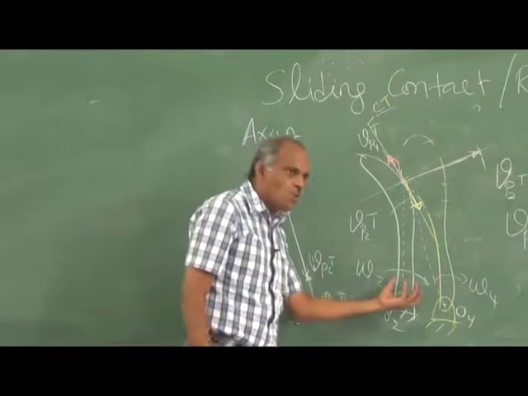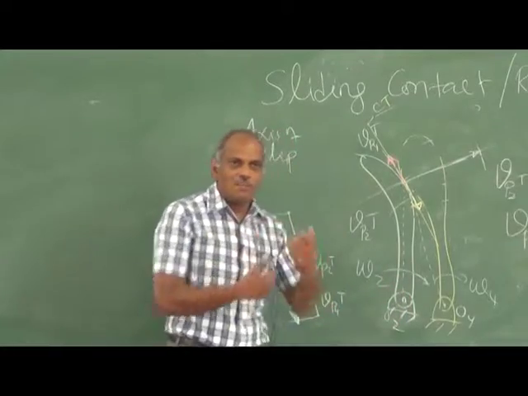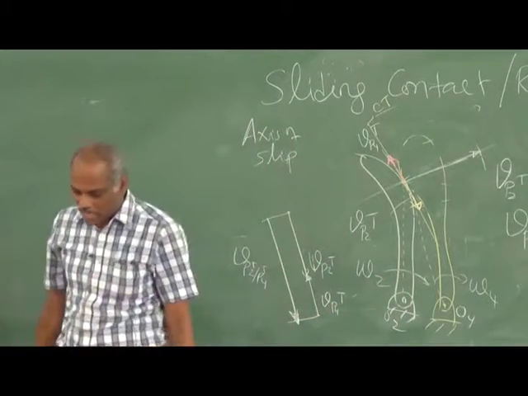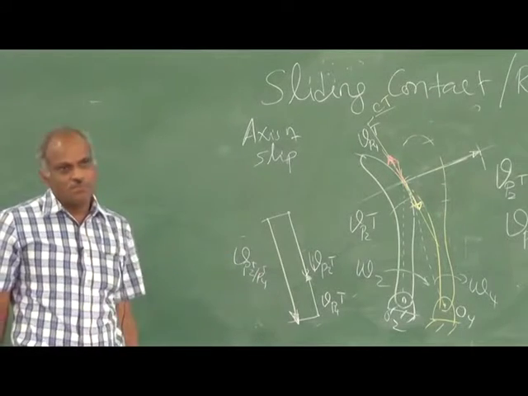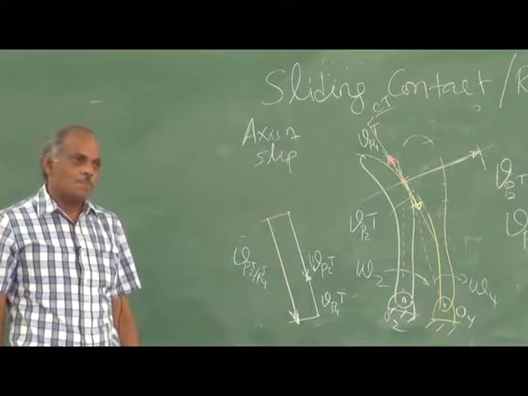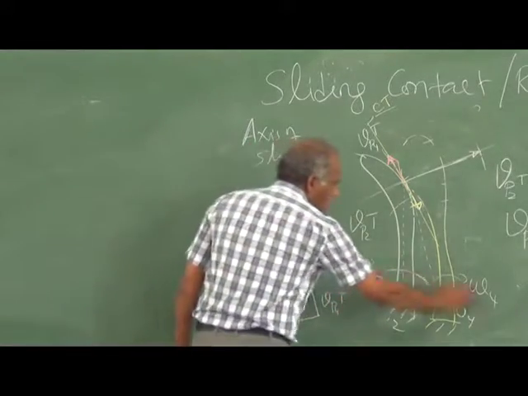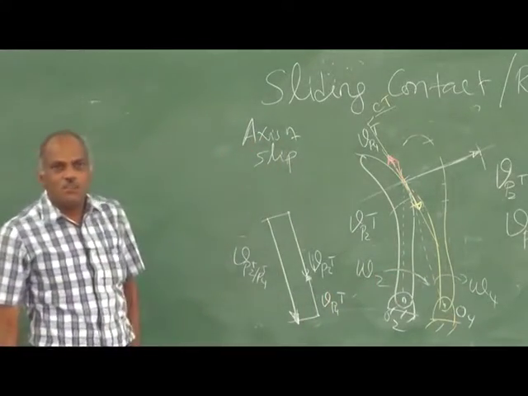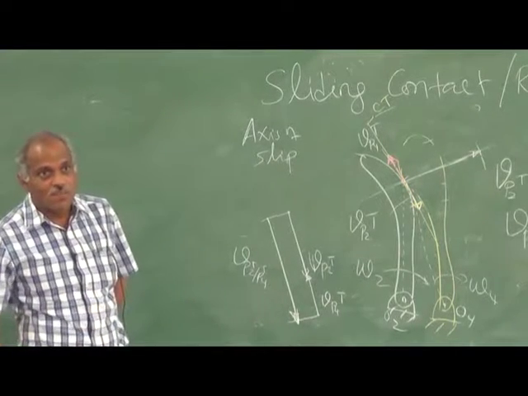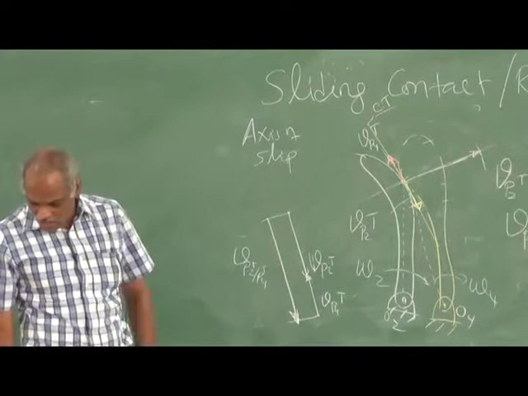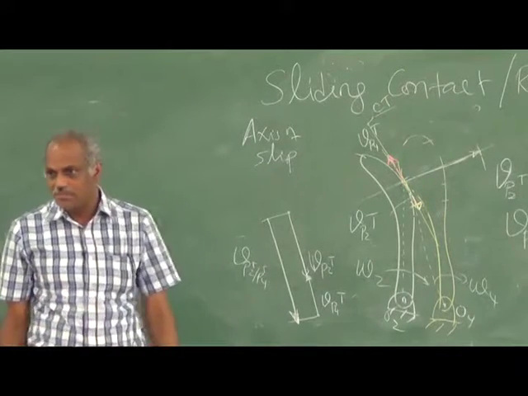When you want to transmit force from one linkage to the other by direct means, if there is a sliding contact, the sliding contact will dissipate energy. So the transmission will not take place without losses. There will be losses. So that is not welcome, because in what form will this energy be lost finally?